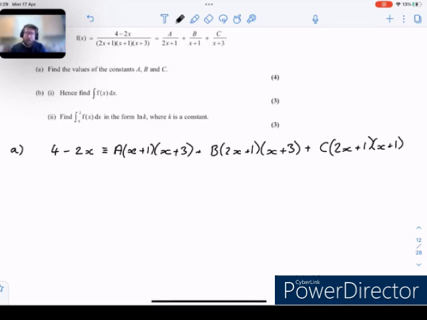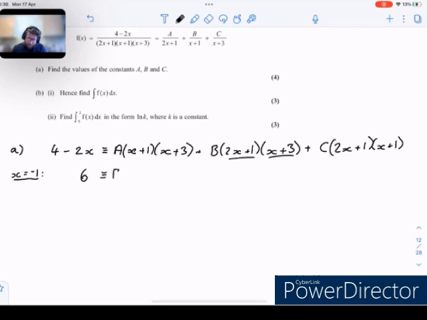So now we choose values of x to make those disappear so we can work out A, B, and C. So let's make x equal to minus 1 first. We've got 4 minus 2 times minus 1, so that's 6. The minus 1 makes those terms disappear, so we're just left with the B. So we sub minus 1 in here and in here.